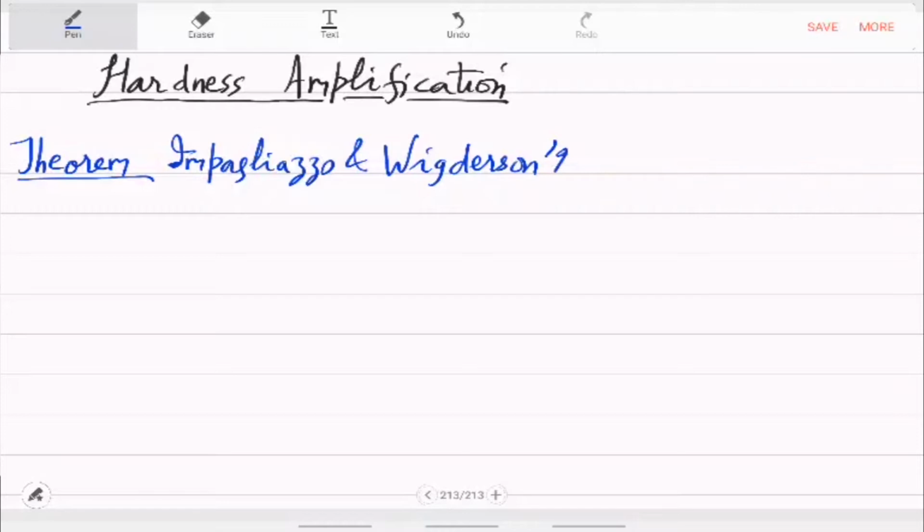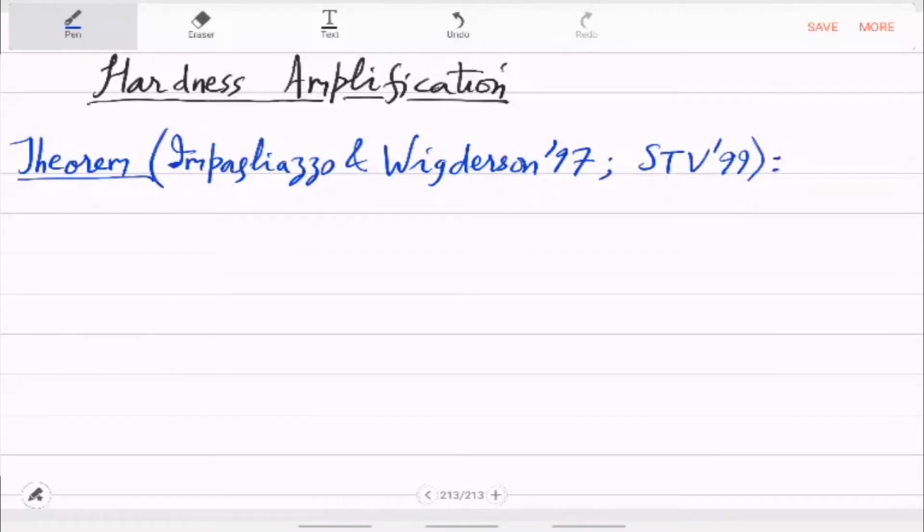They proved it first in 97 by combinatorial methods, and then this error correcting code based proof was given by STV in this paper that we have been talking about, Sudan, Trevisan, Vadhan from 99.